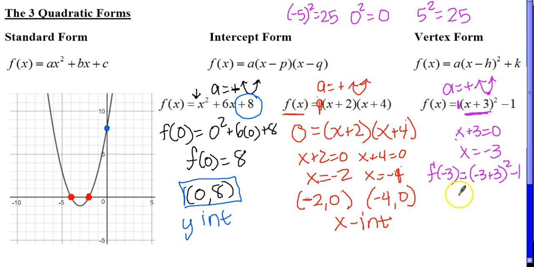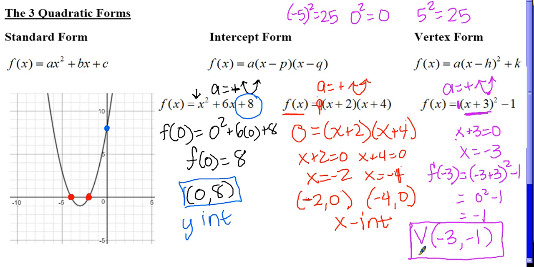And I think you can probably do this in your head. 0 squared minus 1 is negative 1. So when I plugged in a negative 3 to zero out my square, I got the vertex, which is here.